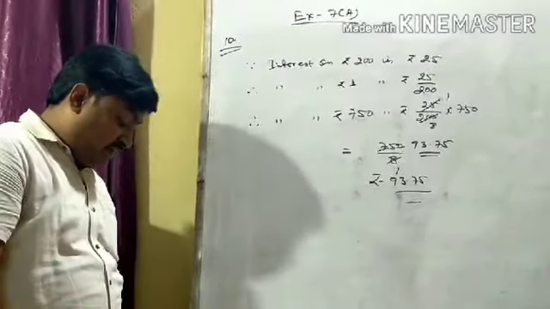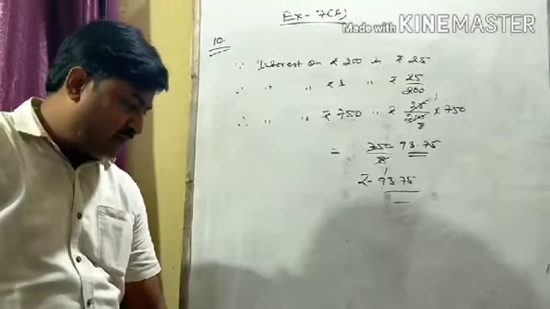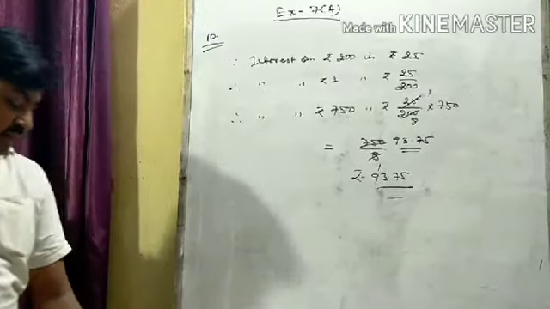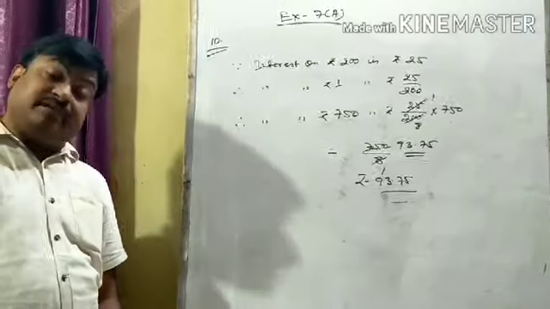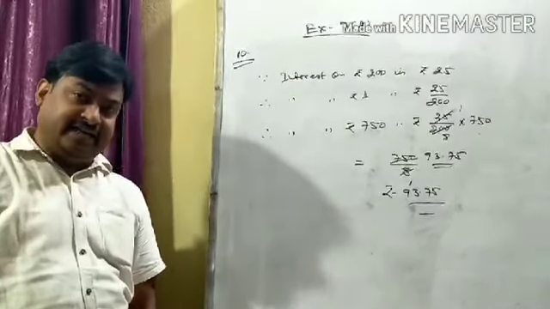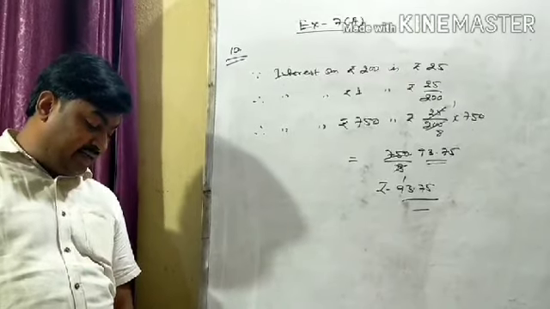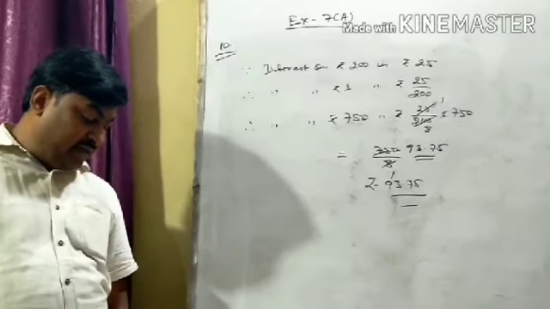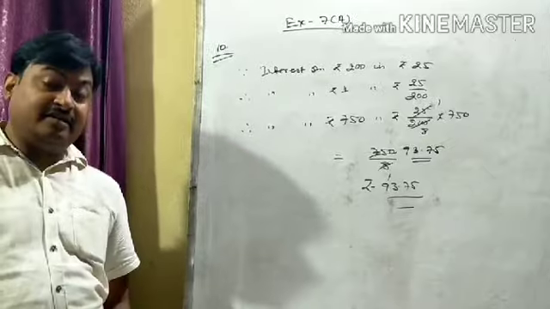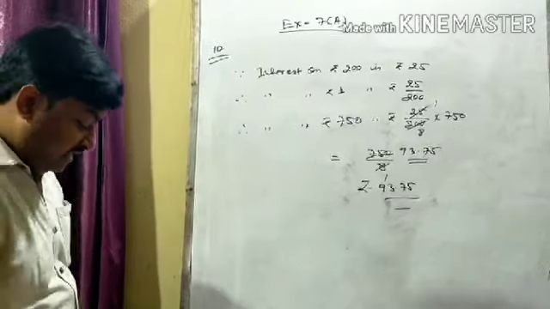So the question number 17, that is, a man earns rupees 5,800 in 10 days. How much will he earn in the month of February, that is a leap year?